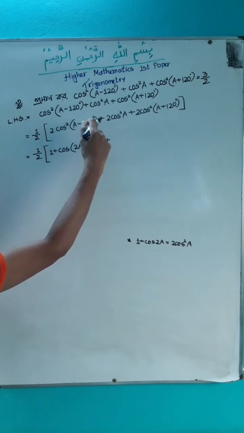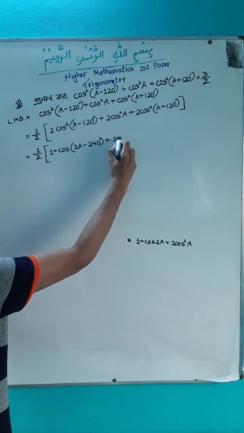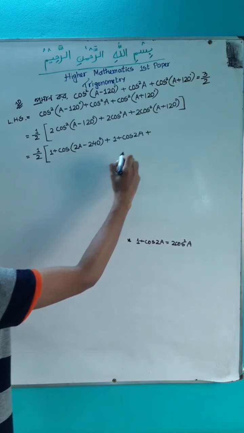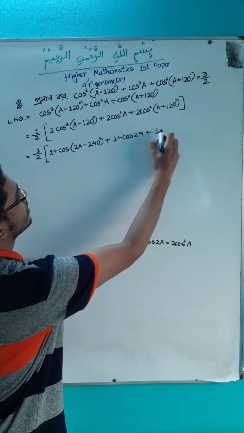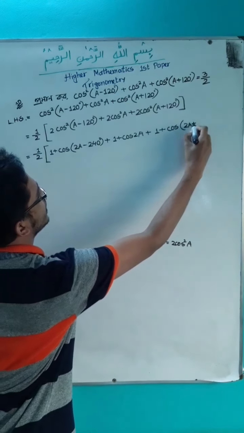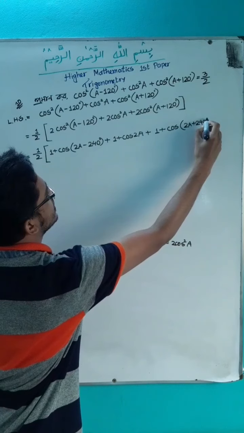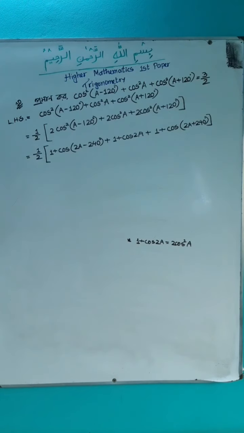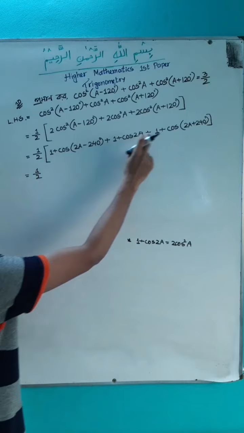Now this will come as 1 plus cos (2a minus 240 degrees), and this will be 1 plus cos (2a plus 240 degrees). So half, 1 plus 1 plus 1, that means 3.